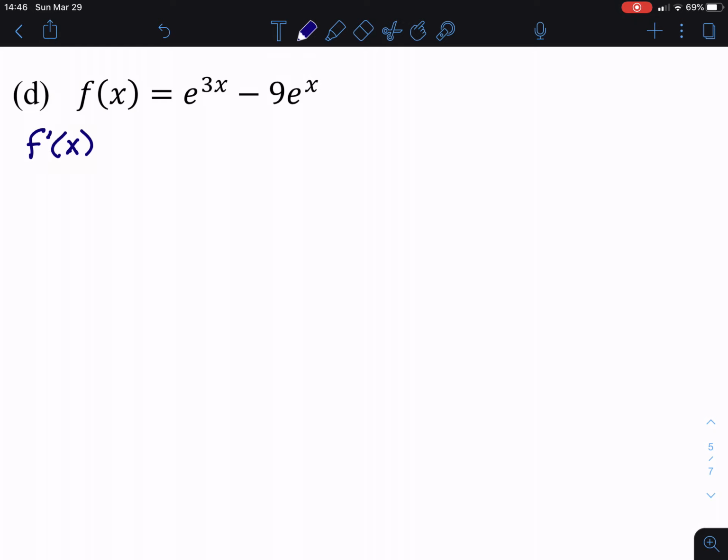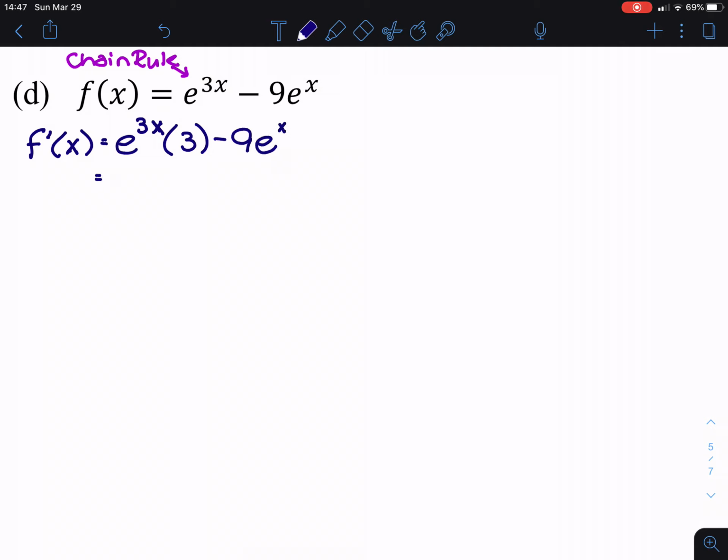one of the things that we notice is that for this part here, e to the 3x, this is going to be a chain rule. So I take the derivative of the outside, e to the 3x, and I multiply it by the derivative of my inside function, 3x, so times 3, minus 9, and the derivative of e to the x is just e to the x.